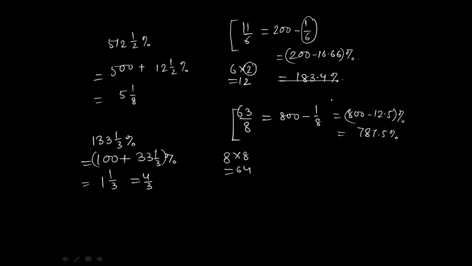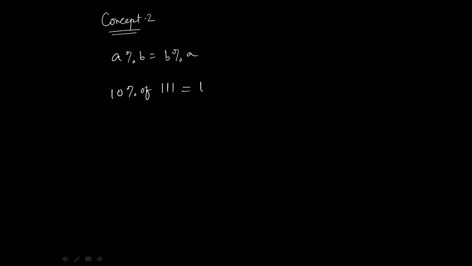Okay, you have to learn one more thing. If you want to point it out as concept number 2, you have to know that A% of B is always equal to B% of A. If a question is given as 10% of 111, it is equal to 111% of 10, right?